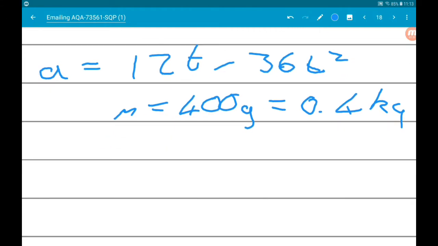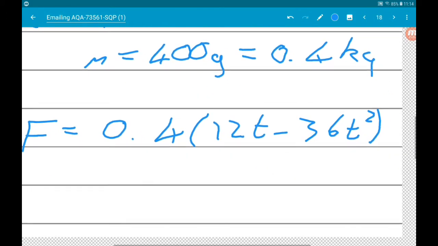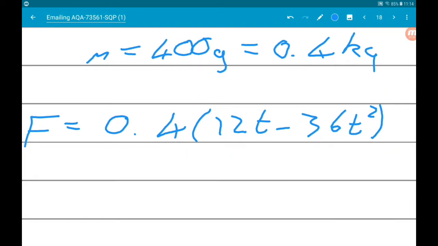So the force is 0.4 times 12t minus 36t squared. 0.4 times 12 is 4.8.